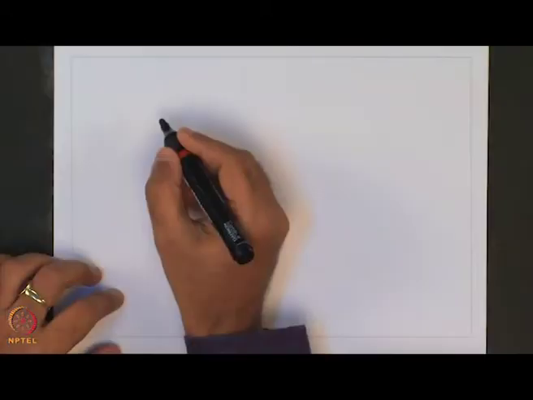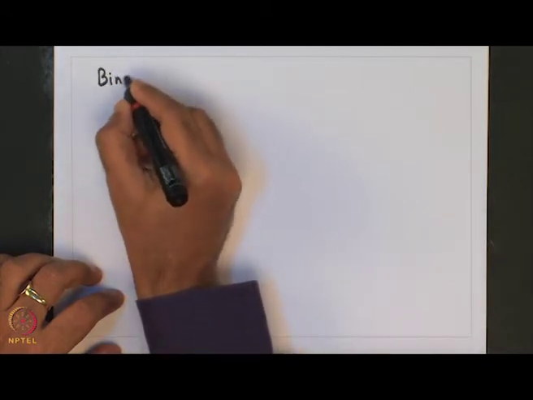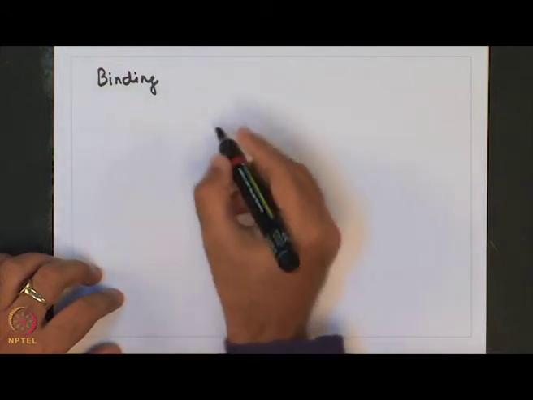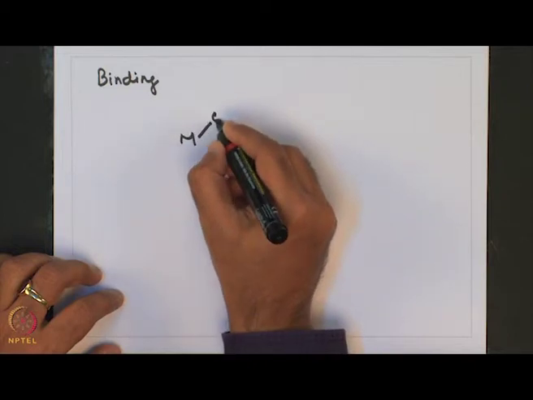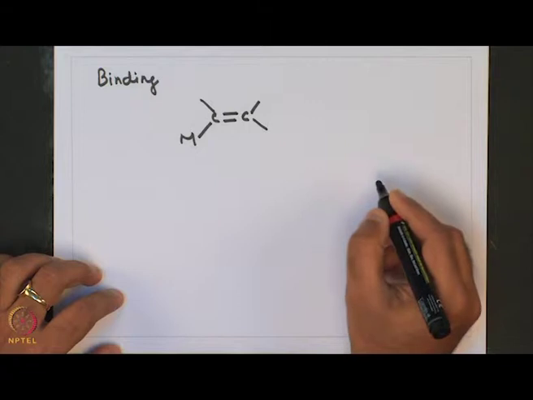Now, in terms of transition metal sigma alkenyl complexes, they can bind in both bridging and terminal fashion, as can be seen here.